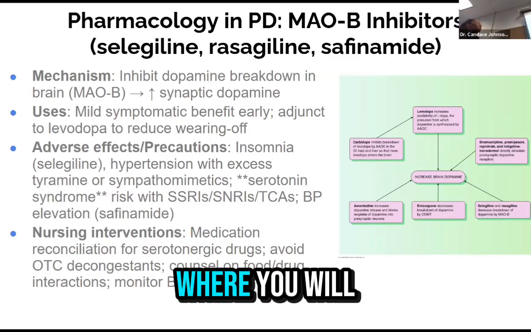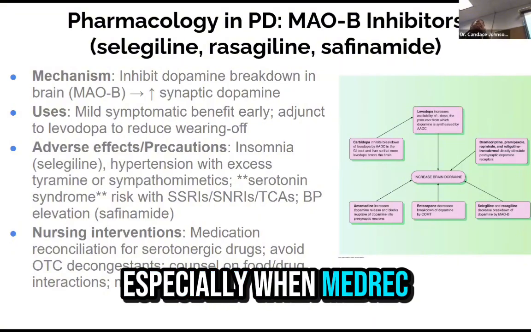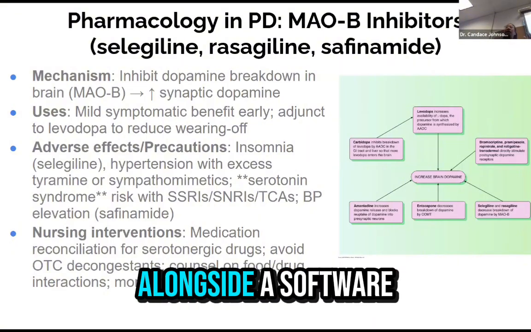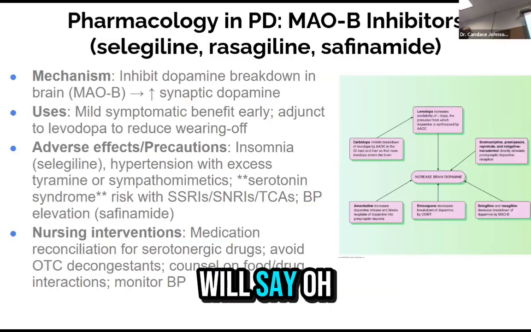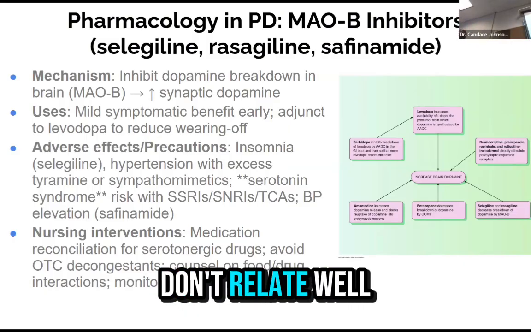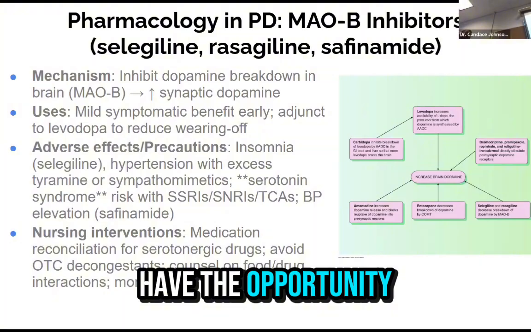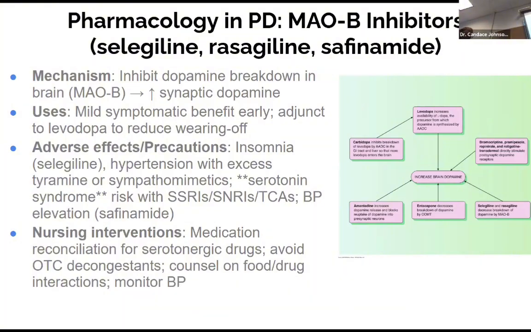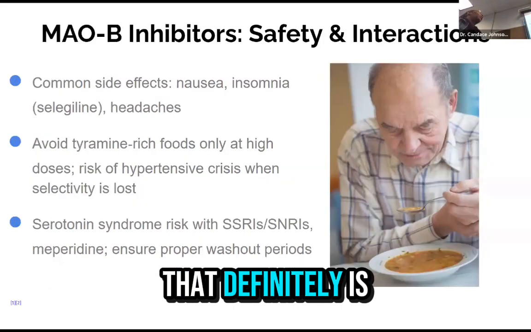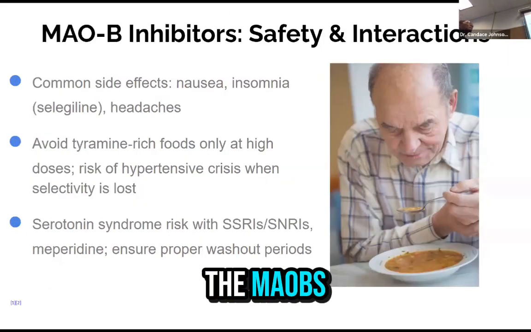And this is where you will realize, especially since MedRec happens alongside software, right? Where the software itself will say, oh, these two drugs don't relate well to one another. And then you have the opportunity to have the patient or find the doc and have it removed. All right. So that definitely is worth it with the MAO-Bs.